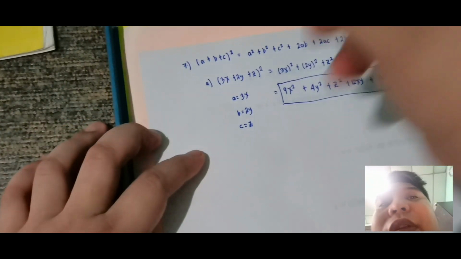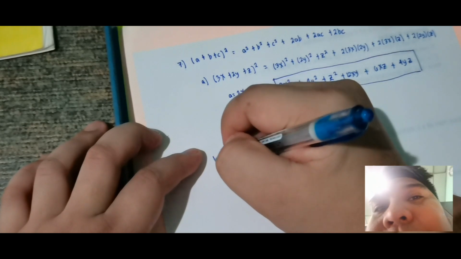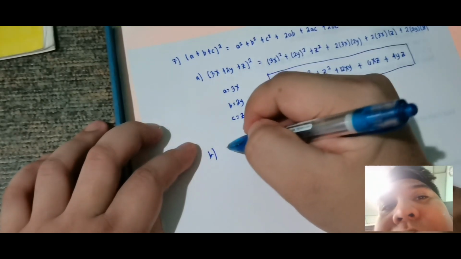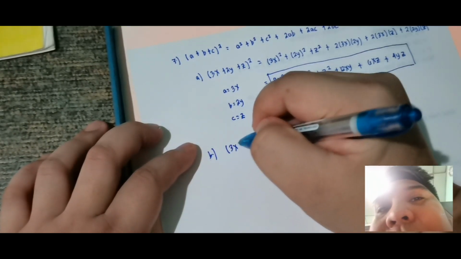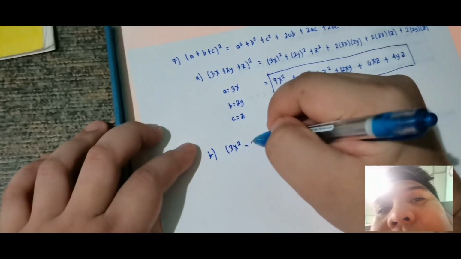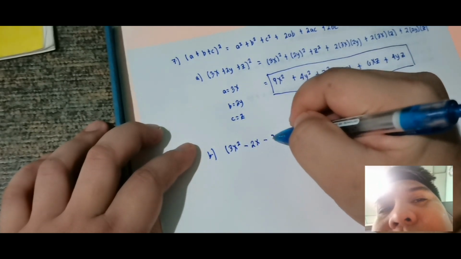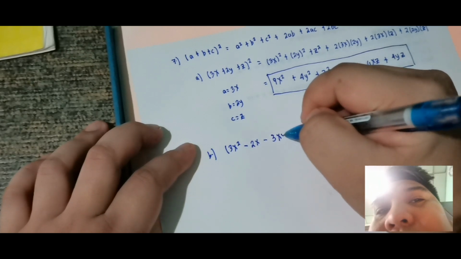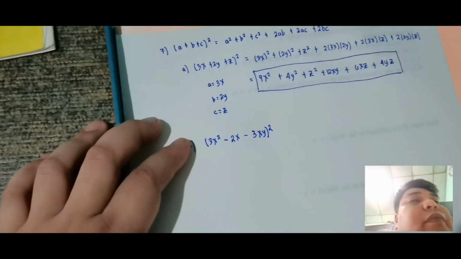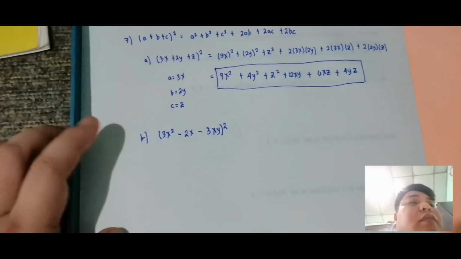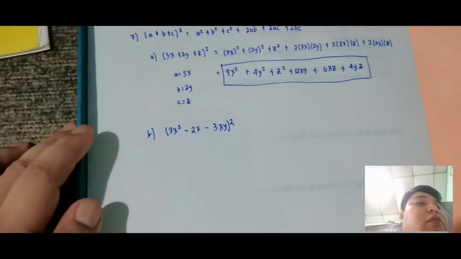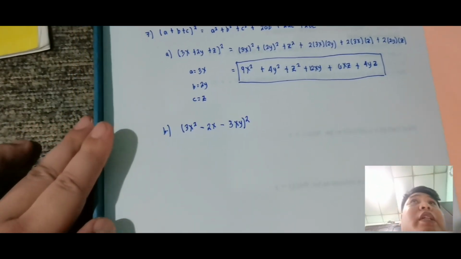So another example, lagyan ko ng minus tapos exponent konti. Sa B, so for example, that is 3x squared minus 2x minus 3xy squared. Okay, so sulat ko lang yung A, B, C natin.